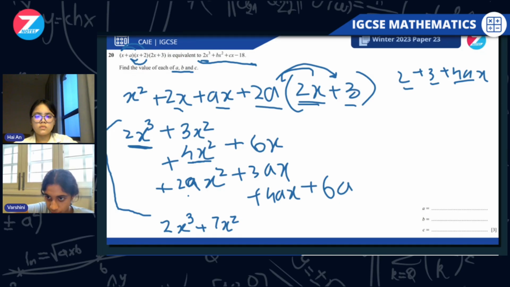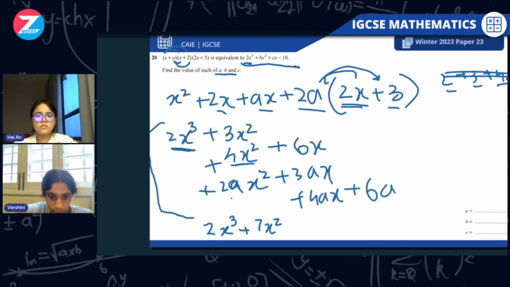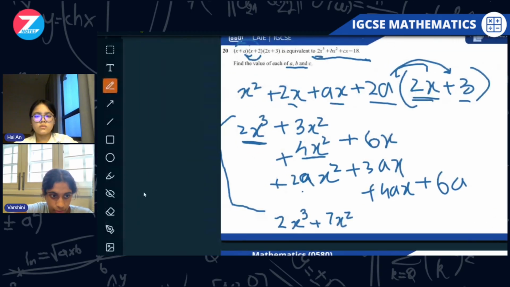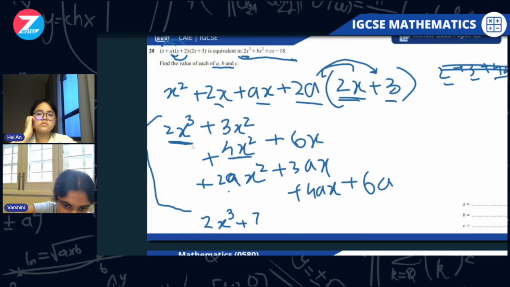So now we can add 2a to our 7x squared. Essentially, let's erase 7. That would just be 7 plus 2a into x squared.